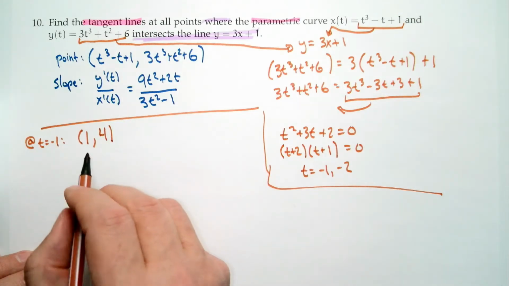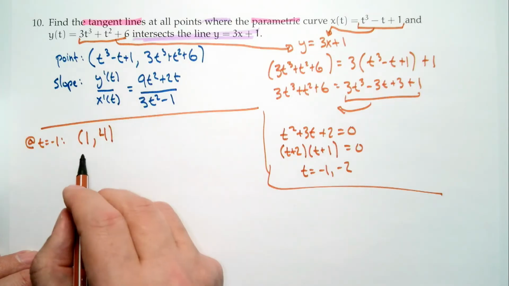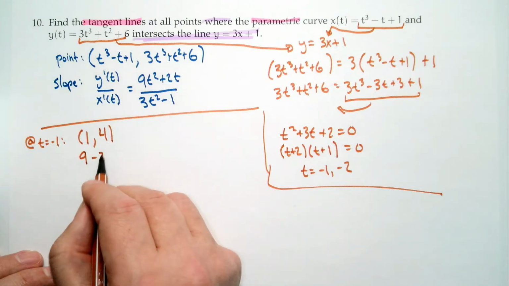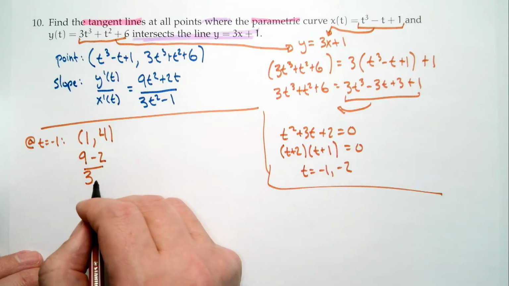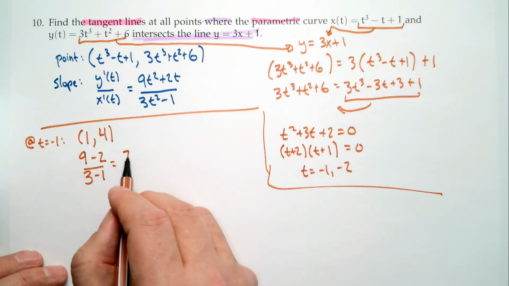And then our slope, so that's our point, our slope, well, 9 times -1 squared, 9, then minus 2 times -1, over 3 times -1 squared, minus 1. So that's 7 halves.